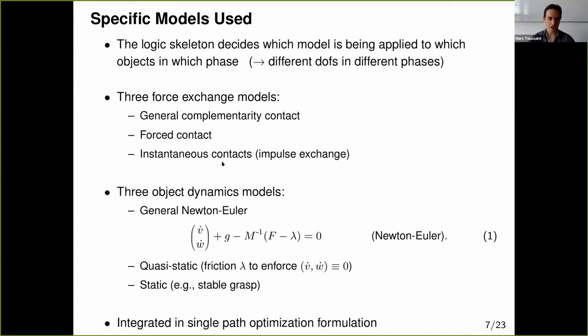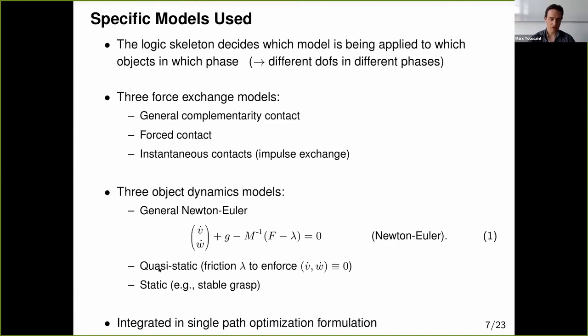Further simplification: it's forced contact, but it's just instantaneous, so it's actually an impulse exchange. And then we have 3 different types of equations that can be imposed on the objects themselves. The most general one, again, is the Newton-Euler equation for some arbitrary collection of forces that the force exchanges exert on that object.